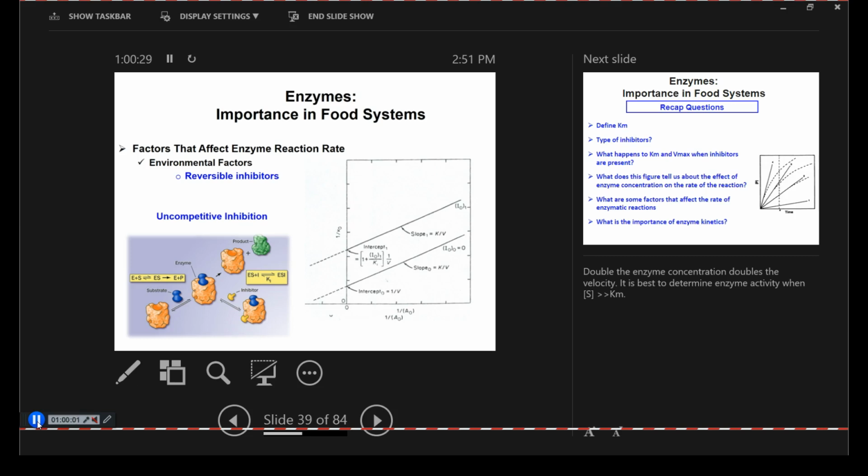In this case, we see a parallel shift in the Lineweaver-Burk line. So going from here to here, that's the parallel shift. Okay, so I'll give you a break, 3 minutes, stretch, walk, and come back.